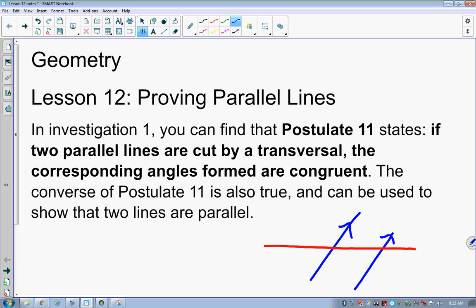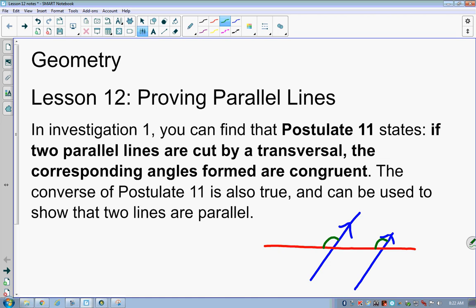So the next thing that we have to understand is, what are corresponding angles? Well, corresponding angles is an angle where I have an exterior angle and an interior angle on the same side of the transversal. Those aren't the only two corresponding angles, but that's what corresponding angles look like.